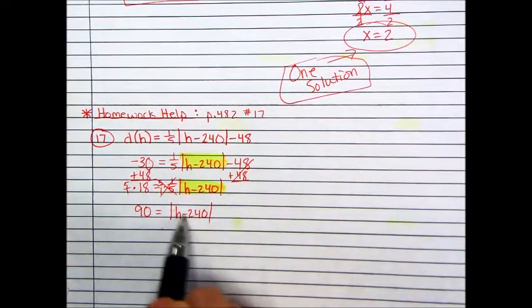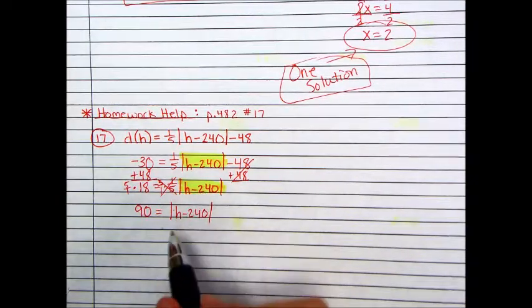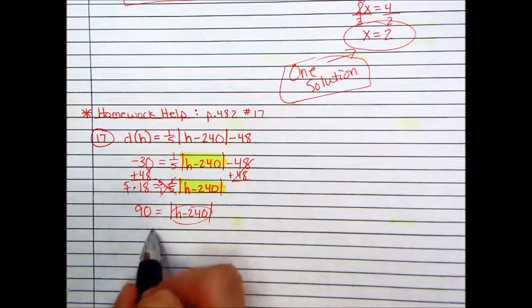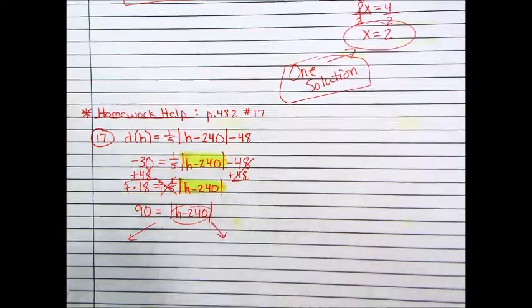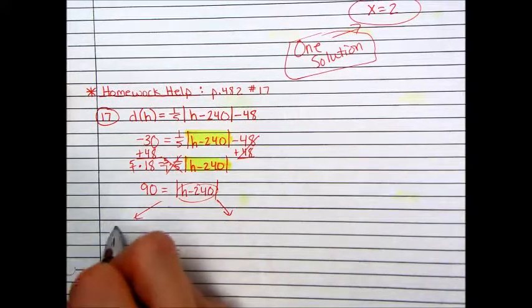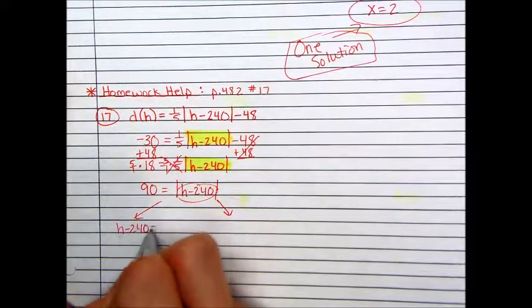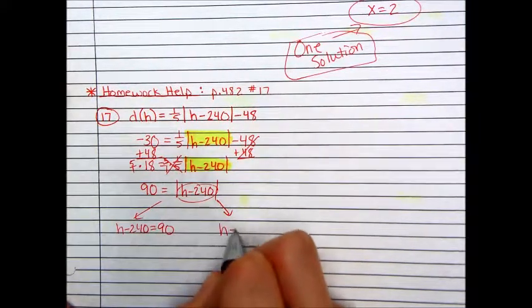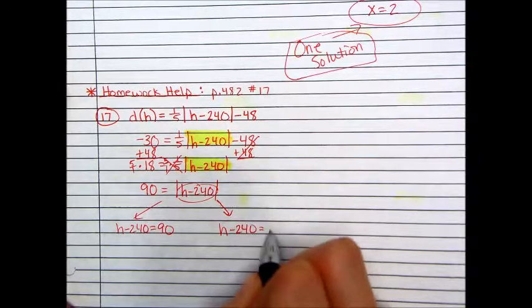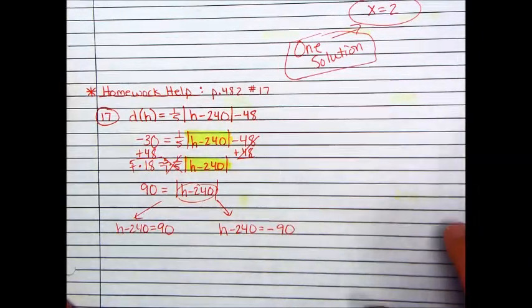Now that you've got the absolute value part by itself, you are separating it into two. So you're going to get H minus 240 could equal 90, or H minus 240 could equal negative 90.